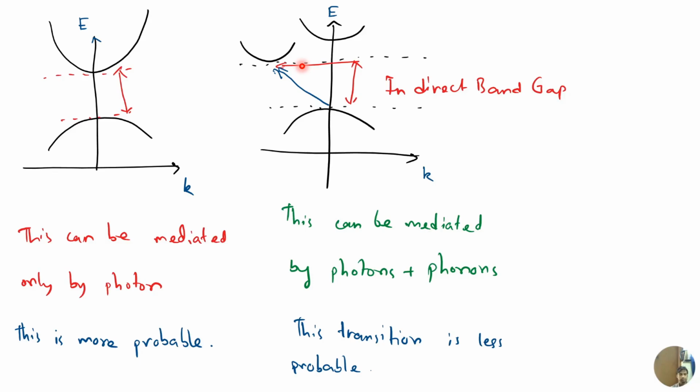Since this involves more particles, photons as well as phonons, this transition is less probable in the presence of light, whereas the direct one is more probable. That is why for optoelectronic materials we particularly use direct band gap materials and not indirect band gap materials.